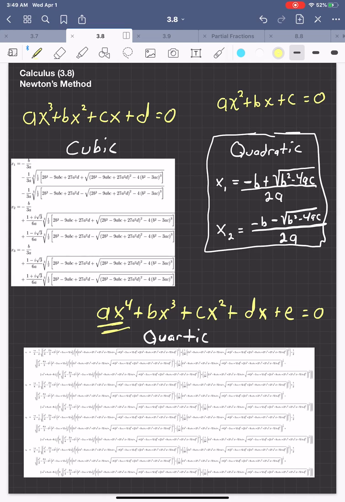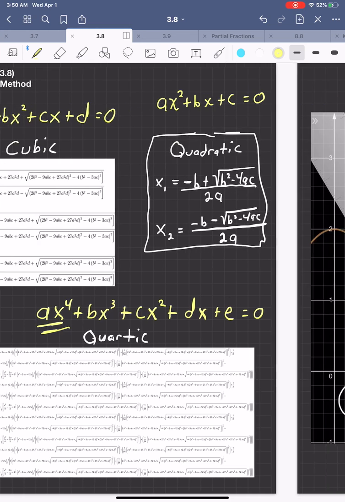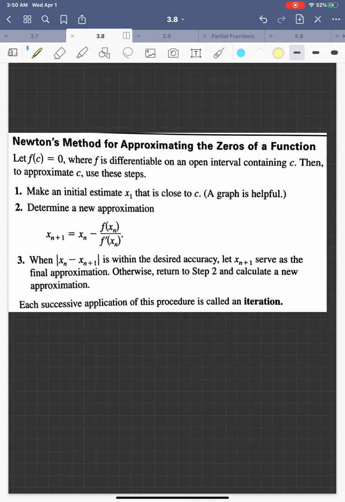We have formulas for quadratics and cubics and 4th degree polynomials. There is no formula for 5th degree polynomials or higher. In fact, it's been proven that you cannot use radicals to solve for the zeros, right?